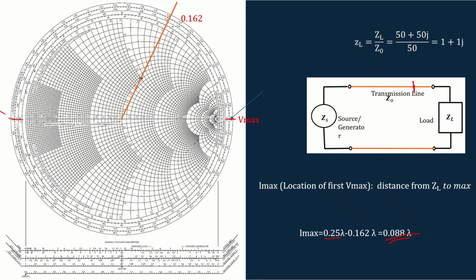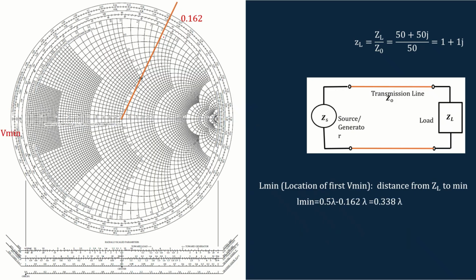And next step is you have to find the L minimum. So we know that V minimum occurs at this point, which is corresponding to, you can see here 0.48, 0.49, 0.5 lambda. So this position corresponds to 0.5 lambda. So you have to extend from 0.162 to 0.5 lambda.